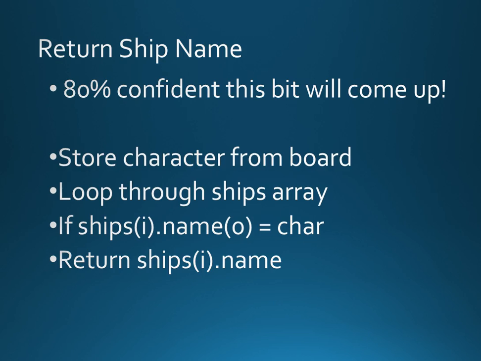The idea is that we do a little search through all of the ships in the array, and check the first character, so that's the 0th element of the string, and see if it equals a particular letter, like A, and if it does, we return the name of the ship. That's quite a nice little way of working that.